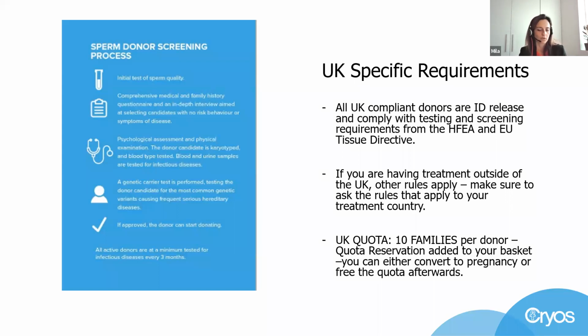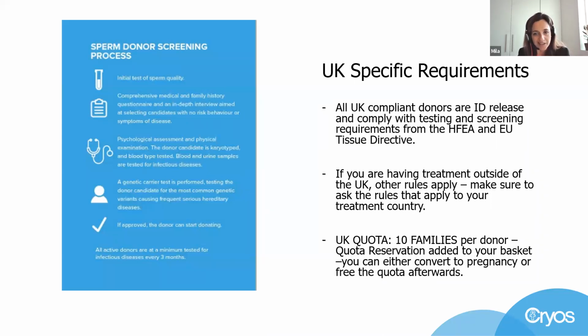Because in the UK, for example, as you know, only ID released donors are allowed, which means that when you have a child with a donor from Cryos or from other banks, the child, upon turning 18, can contact the bank and the HFEA and get the identifying information about the donor.